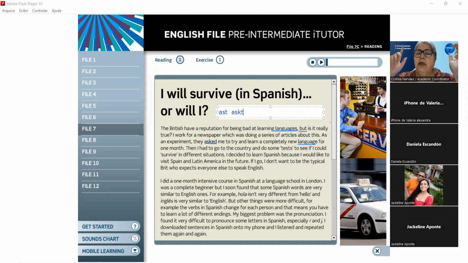¿Por qué? Porque la T es más importante que la K, porque cuando se escucha la K, yo sé que está en present simple. I ask. Pero cuando digo I asked, ya sé que es en el pasado. Entonces ahí, el que está escuchando puede hacer la diferencia y sabe, la gran mayoría de los nativos no dice asked. I asked her. ¿Ok?